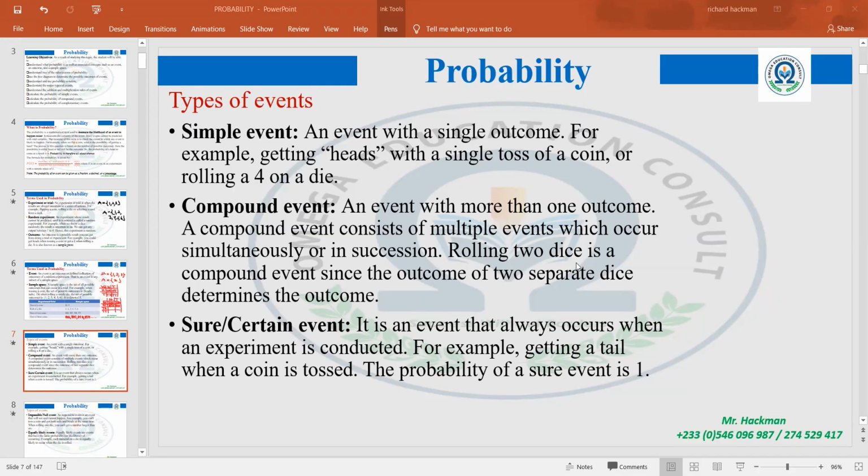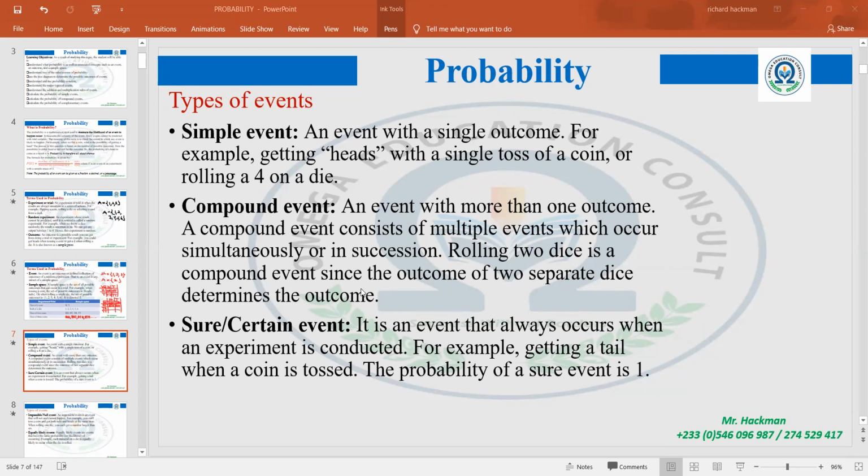So rolling 2 dice is a compound event, because you can see that you are dealing with 2. If you have only 1 die, immediately perform your experiment, what will come out of it will always be a simple result, and therefore a simple event. Is my point well made? Anytime you are dealing with more than one tool in getting your outcome, it is compound.